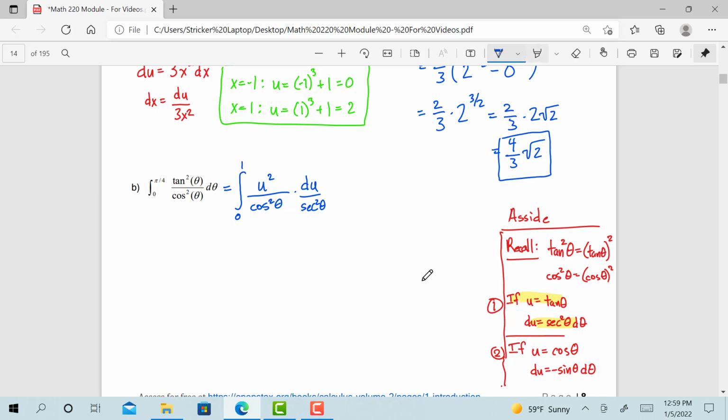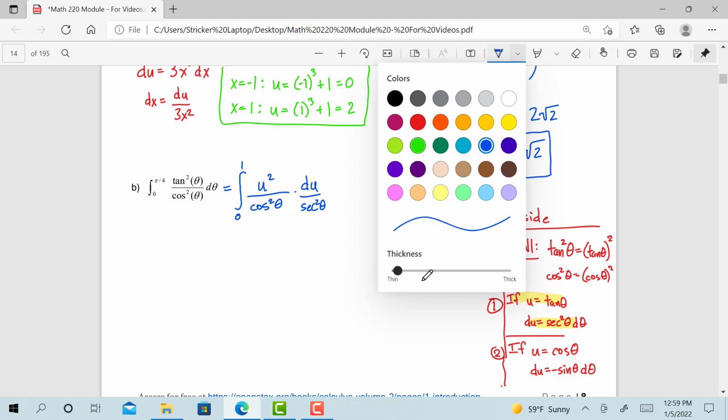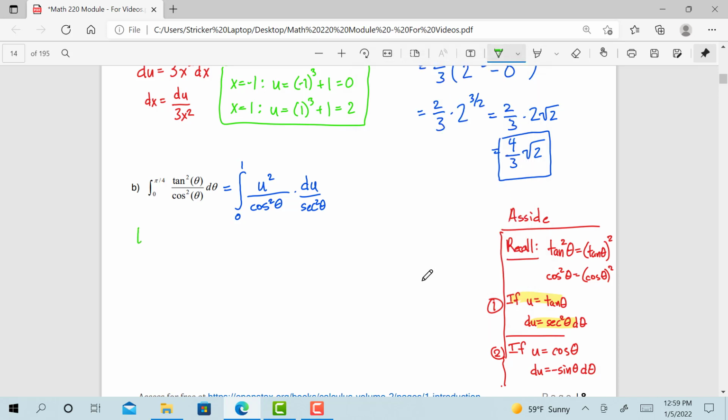So again, 0 is 0, and the tangent of pi over 4 is 1. So those are our limits.